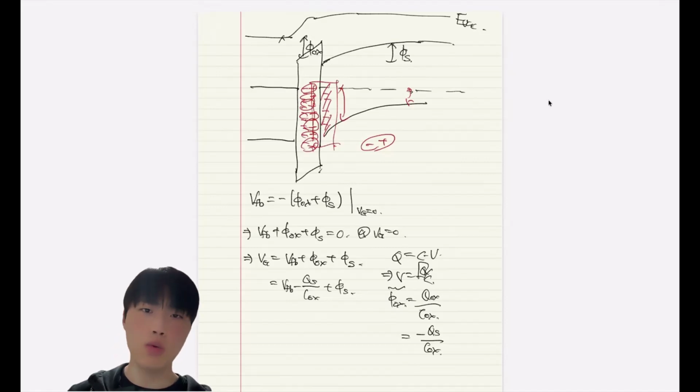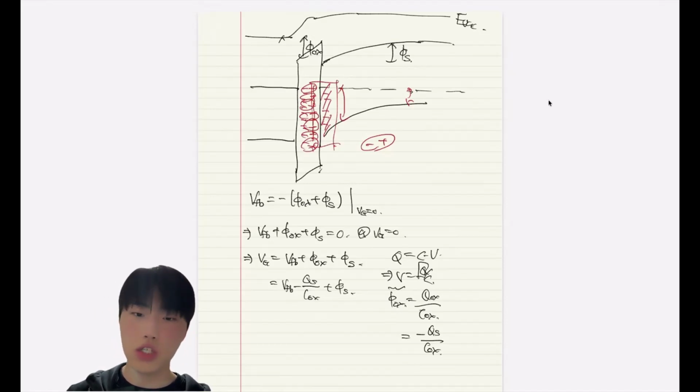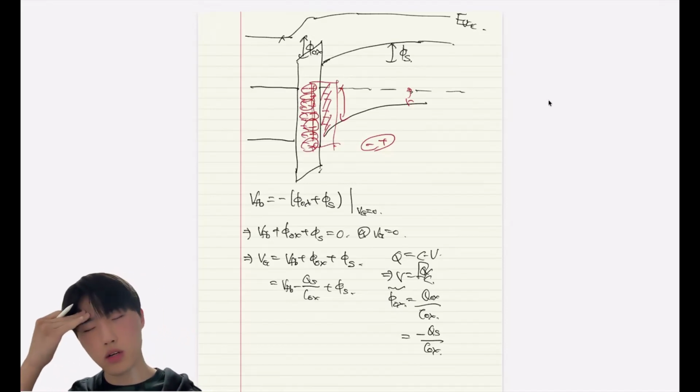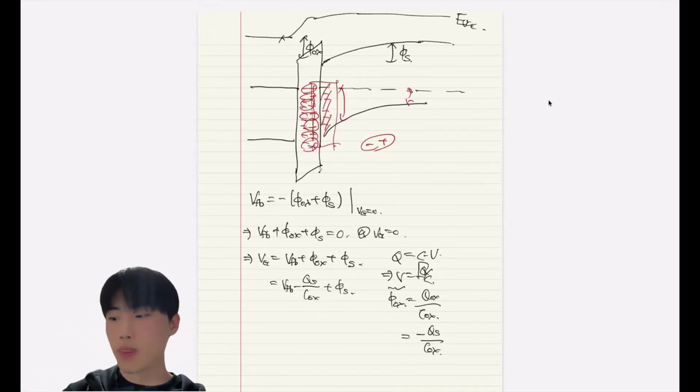So next we will learn about the conditions where there is some bias on the MOS cap.